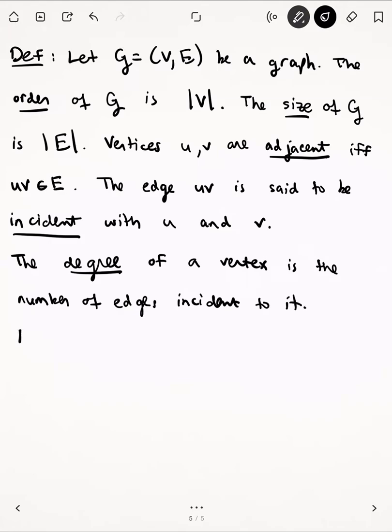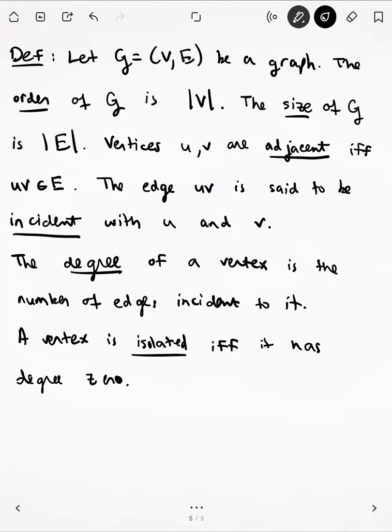And lastly, a vertex is isolated if and only if it has degree 0. Okay.